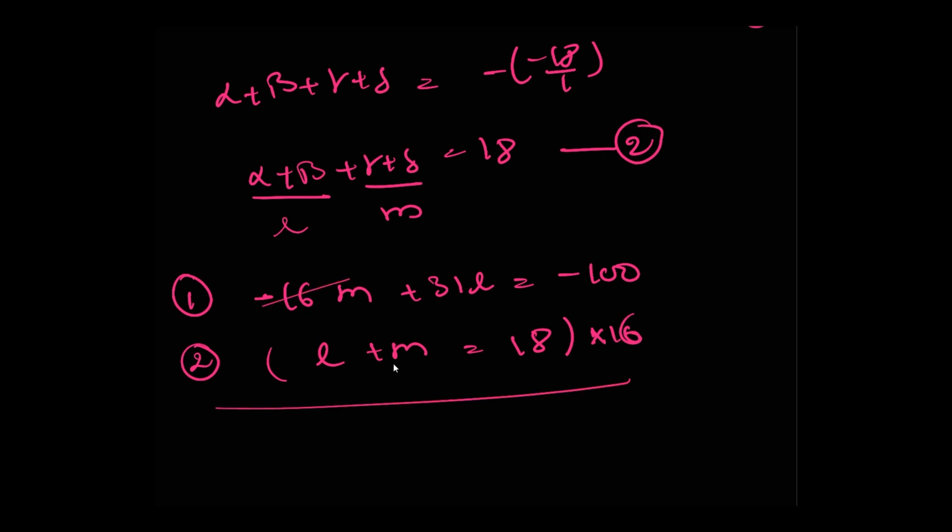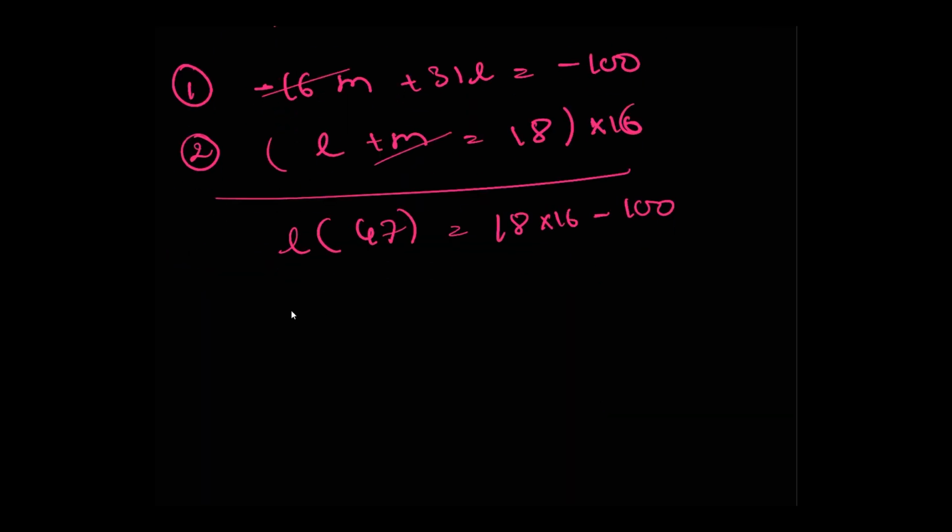Minus 16M and 16M will be cancelled out and we get L times 47 equals 18 into 16 minus 100. That is L times 47 equals 18 into 16.